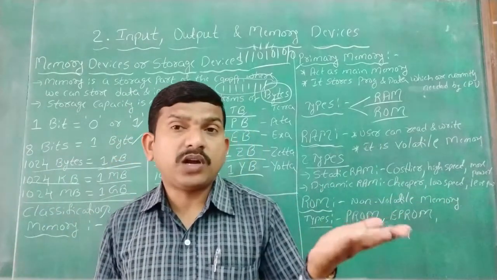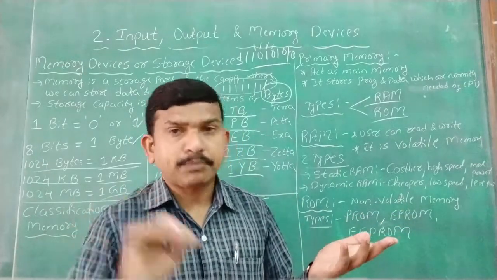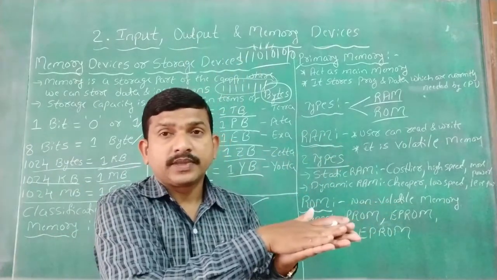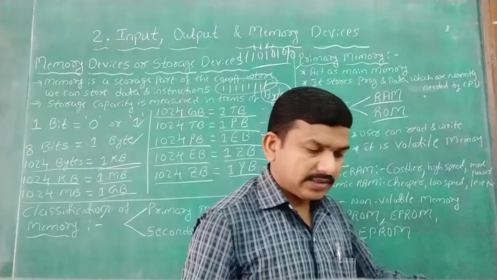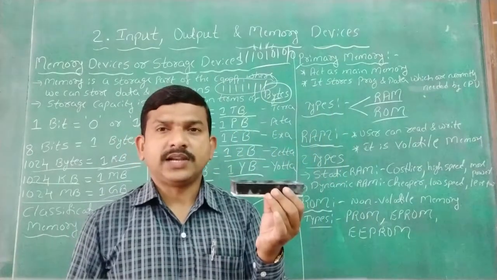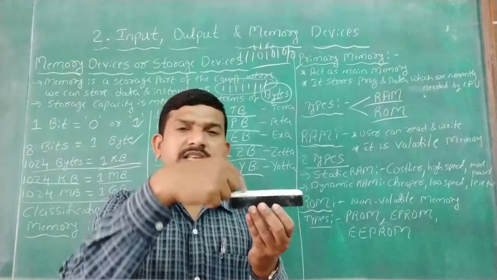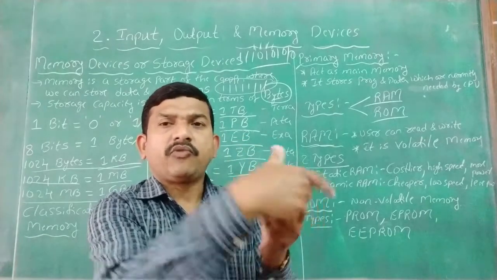For what purpose are we using RAM? Whenever an application is running, it sits on the RAM. Suppose this is the RAM. Here Facebook, WhatsApp, Twitter or any other applications fill it up.